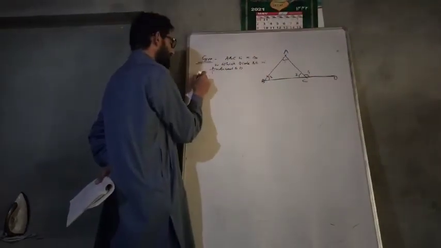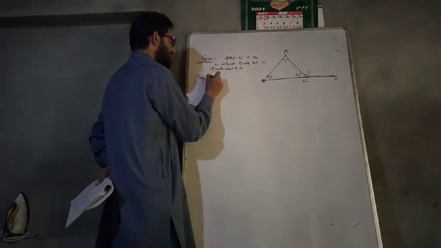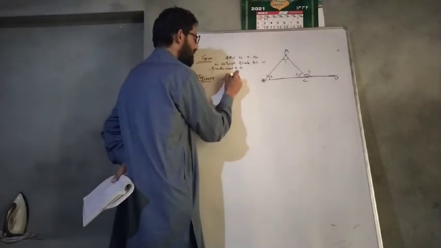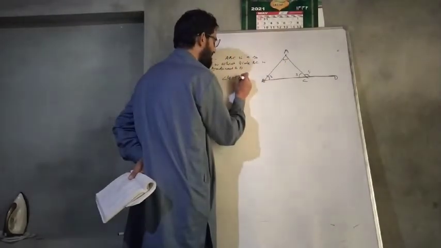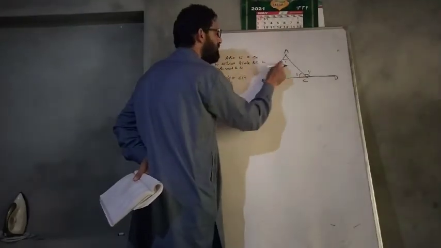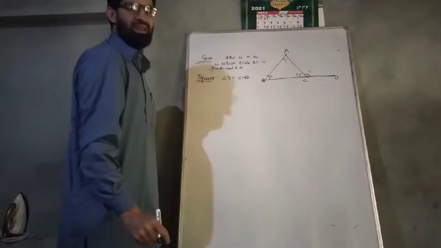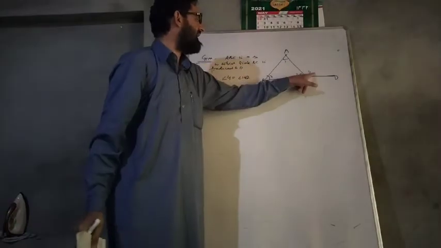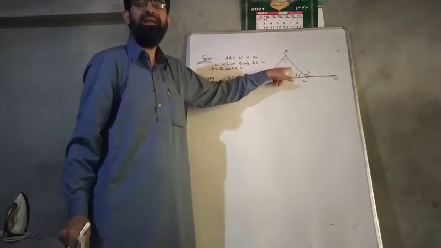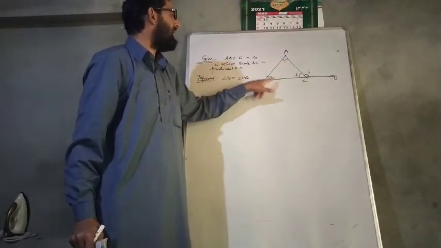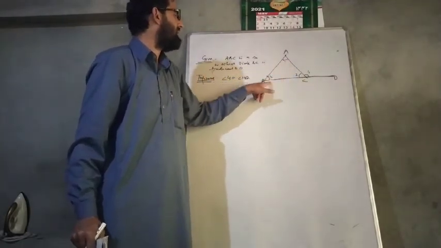Now we have to prove that, again very simple but very important. We have to prove that angle 4 is equal to the sum of the two interior opposite angles, angle 1 plus angle 2. We have to prove that this external angle is equal to the sum of the two interior opposite angles, angle 1 and angle 2.